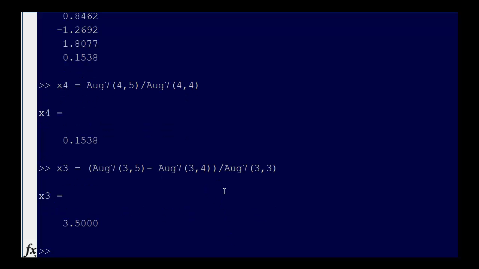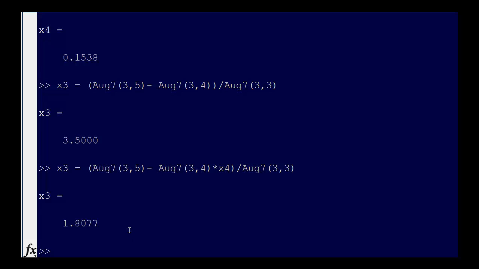Okay, I think we messed up. Oh, that has to be times. Yes, of course. That og7 has to be times, of course, our answer from the previous x4.